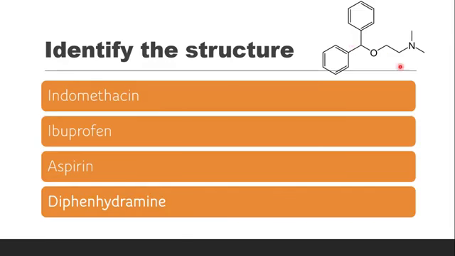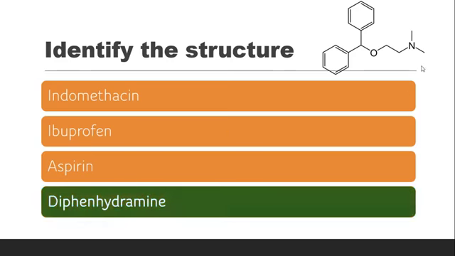Now this is amine and this is diphen. So indomethacin is not there, ibuprofen is also not there, aspirin is also not there. The correct answer is diphenhydramine. This structure is diphenhydramine, which belongs to the class ethanolamines or amino alkyl ethers. Amino, this is alkyl and this is ether.